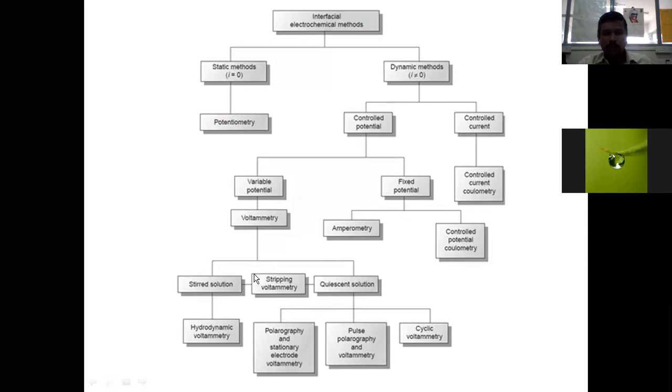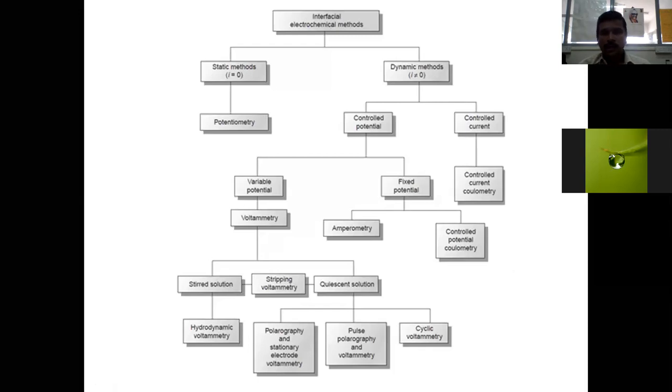Both states are employed in the stripping voltammetric technique. Stirred mode is employed in hydrodynamic voltammetry, and quiescent mode is employed in polarography, stationary electrode voltammetry, pulse polarography, and cyclic voltammetry. So this is the family tree for the classification of interfacial electrochemical methods.